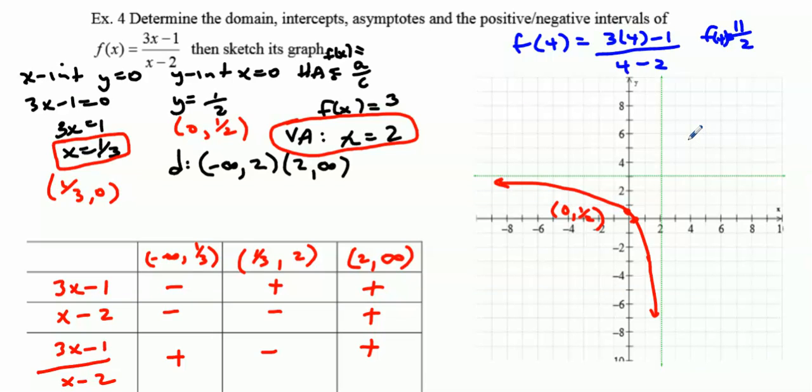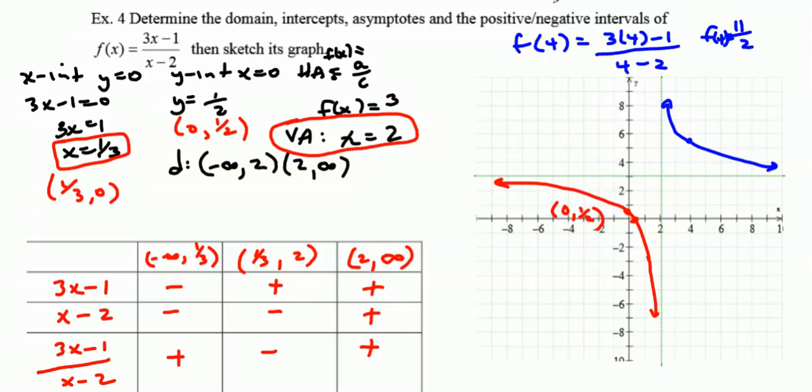Well, that's 5.5, right? So when x is 4, I'm at 5, and 5.5 is there. There's a point on my branch, and now I can draw that branch. And you are going to double check here.